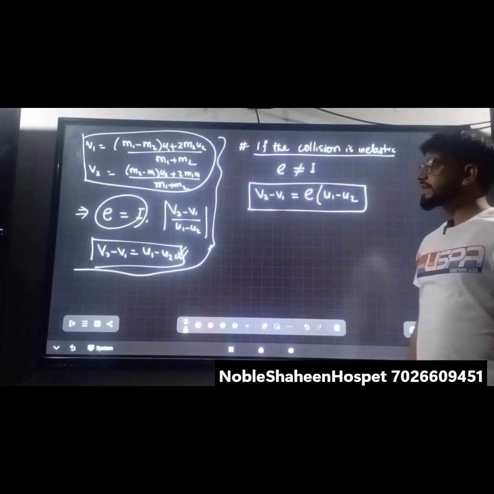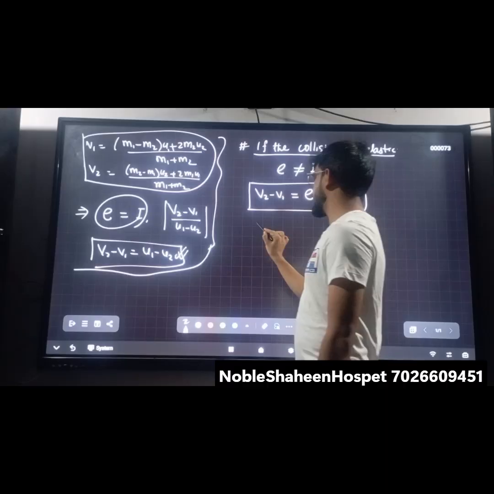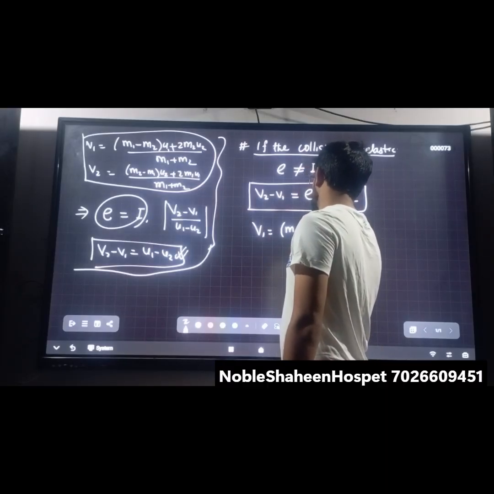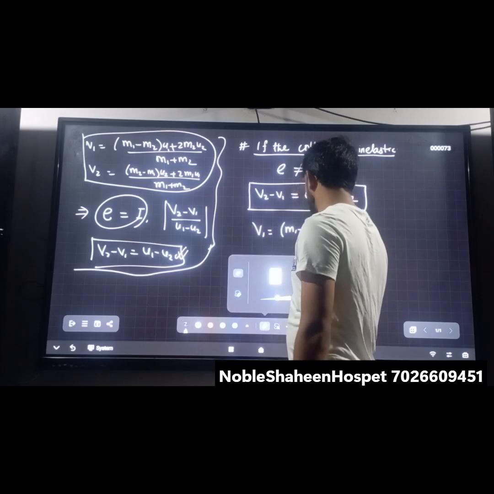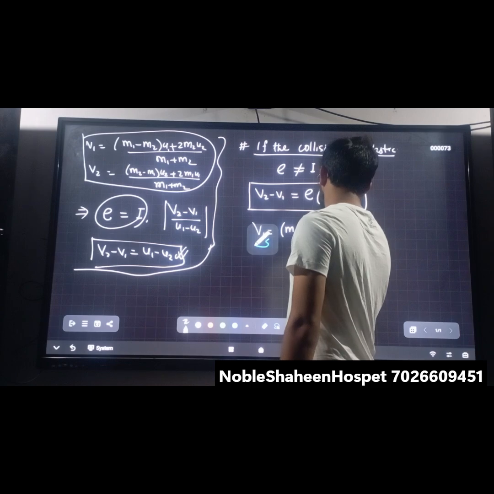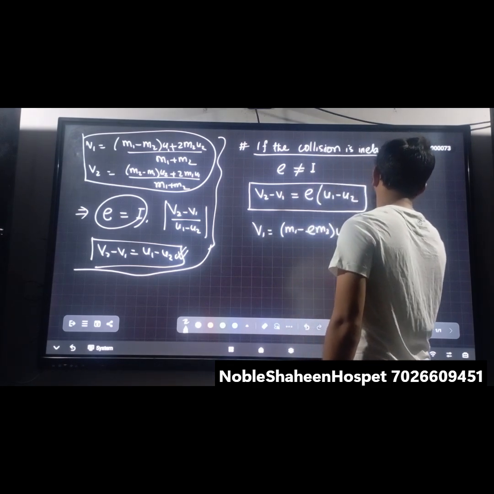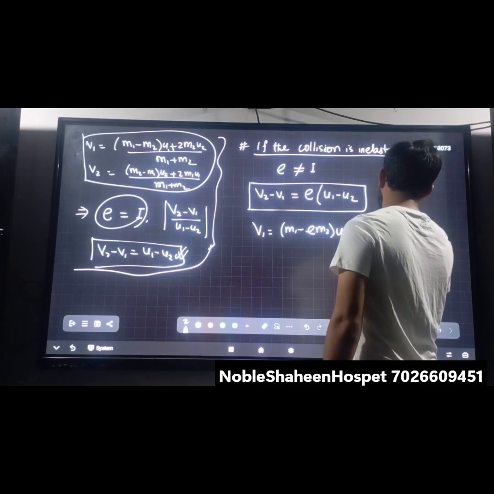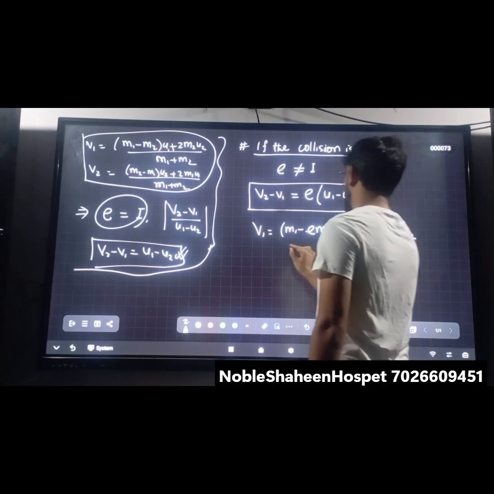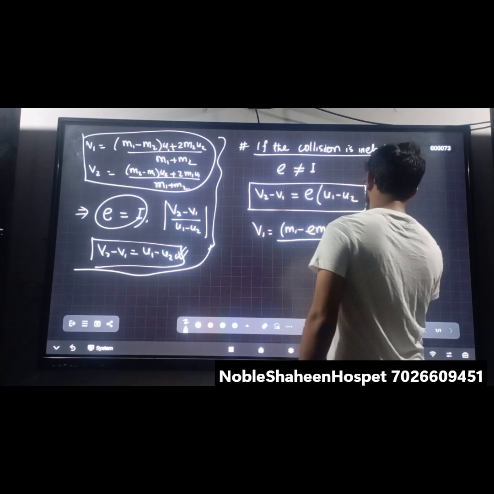And the final velocities of the two particles, V1 and V2, can be written like this. V1 is equal to (M1 minus E M2) into U1 plus (1 plus E) into M2 U2 upon M1 plus M2.